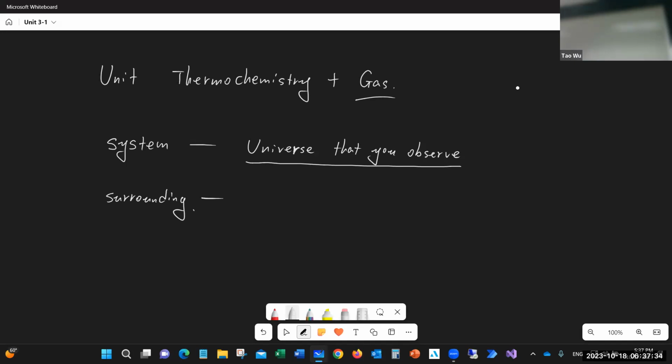And if you want to talk about some of the liquids inside of this container, and we observe what happened inside of this container, then the inside of the container is the universe that we observe, and this is what we call the system. Are you clear? So what you observe is called a system.